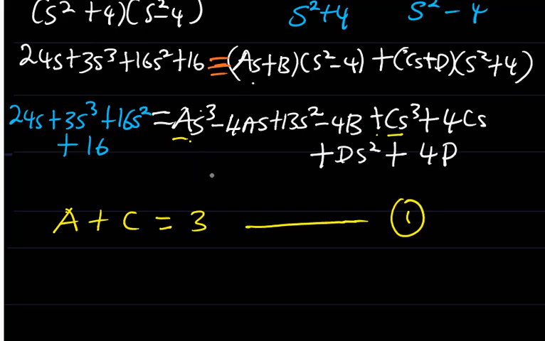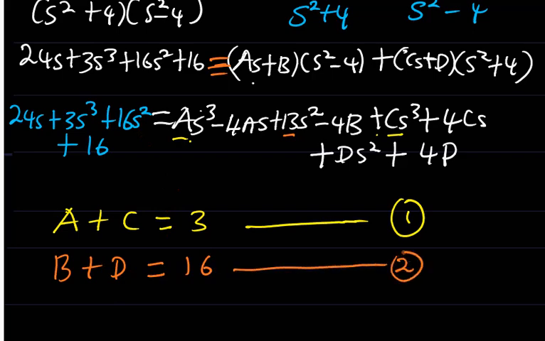All right. So the coefficient of s squared, so I have b plus d. b plus d is equal to 16. I'll call that equation 2. All right, let's look at the coefficient of x.